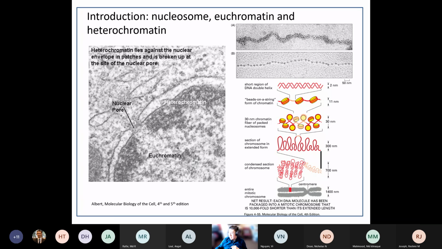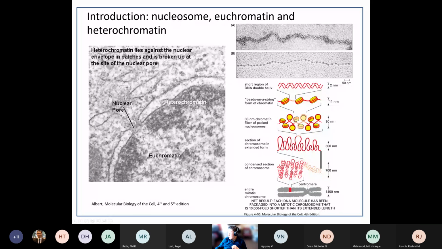What is euchromatin? What is heterochromatin? Heterochromatin are the regions that lie against the nuclear envelope, and under EM they appear as very dark regions. The euchromatin is the relatively light region.